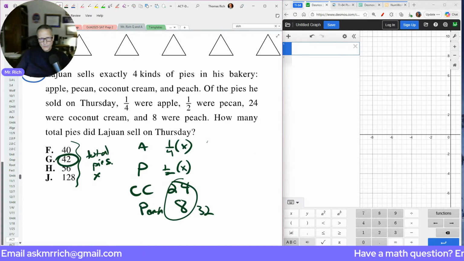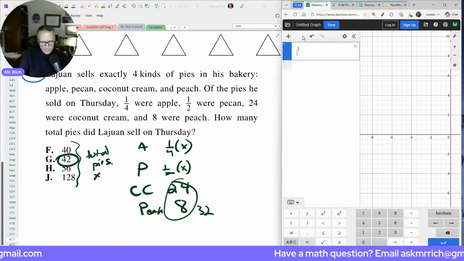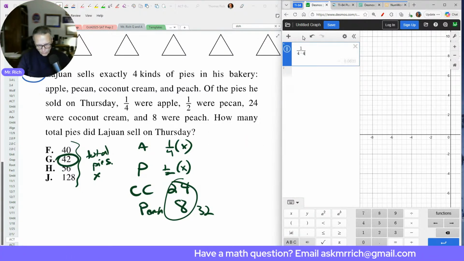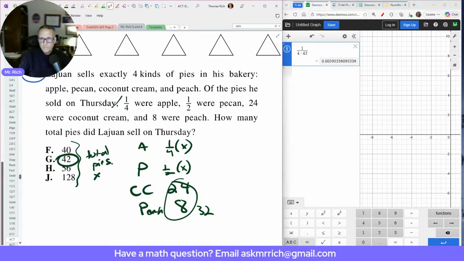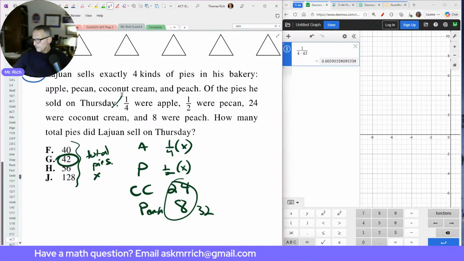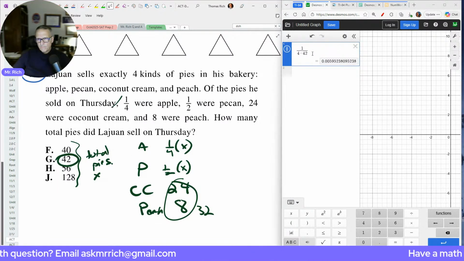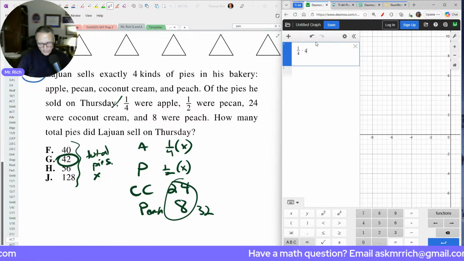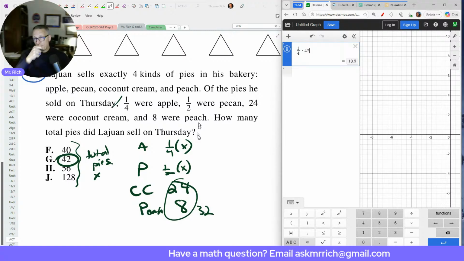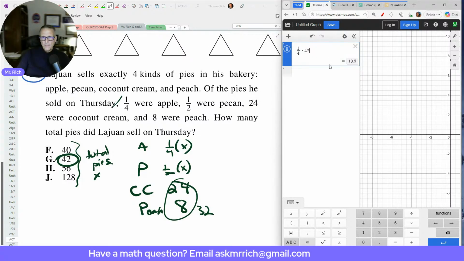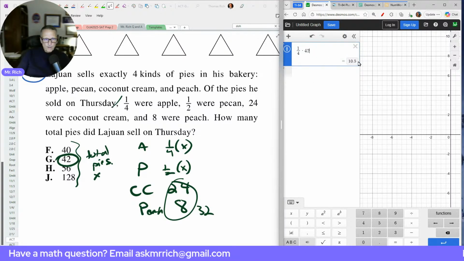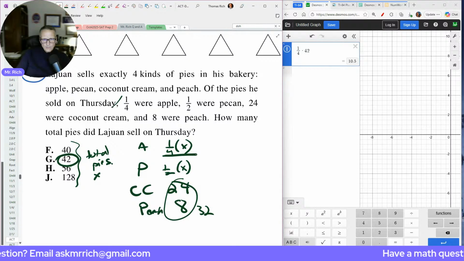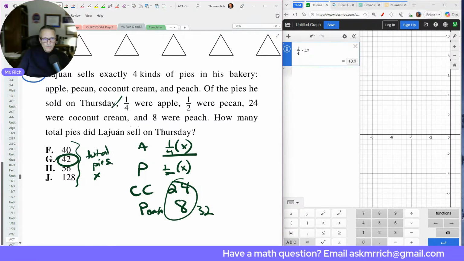If 42 is the right number, I would take 1/4 times 42, and that gives me 10.5 pies. That doesn't make any sense, that he would have made half of a pie. So just by the fact that 1/4 times 42 doesn't give me a whole number of pies, that probably is not the answer.